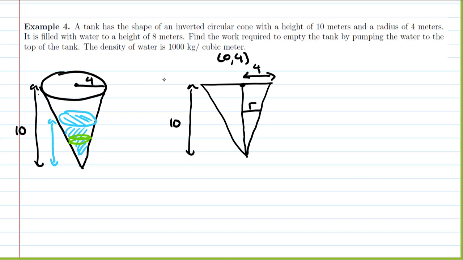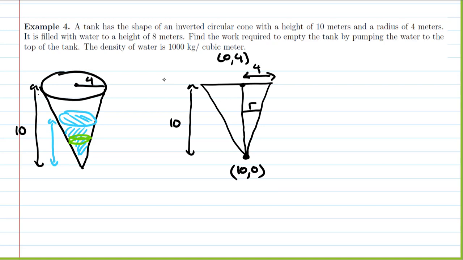And then if that's the case, the bottom of the cone would be down here. The height is 10, so if I input 10, what would be my radius at the very tip of the cone? 0, right? So right now there are two different ways to do this.